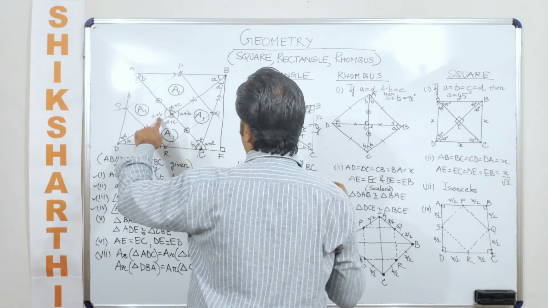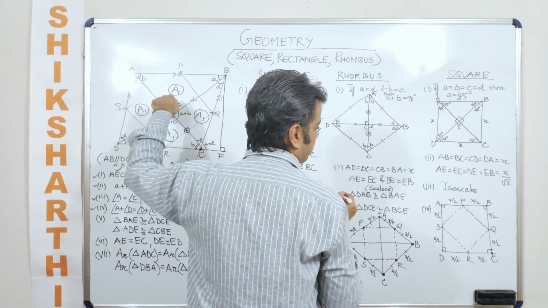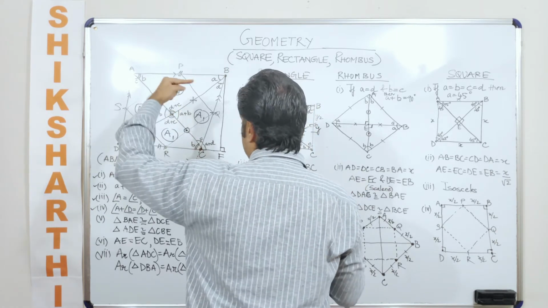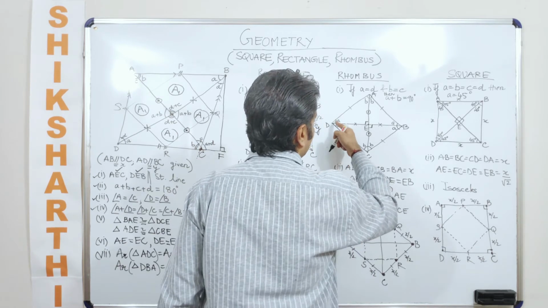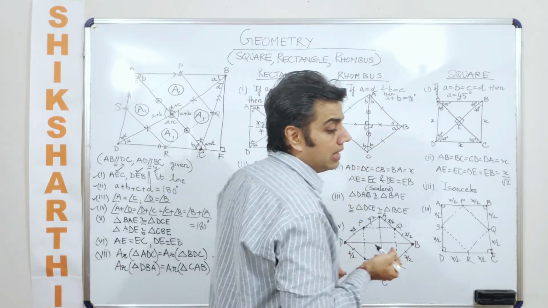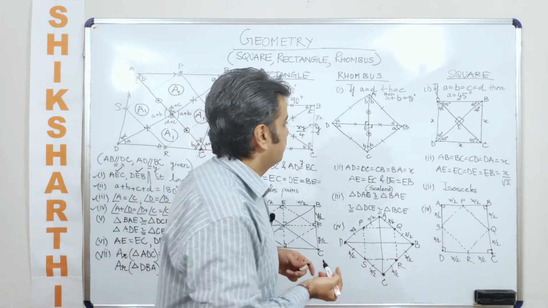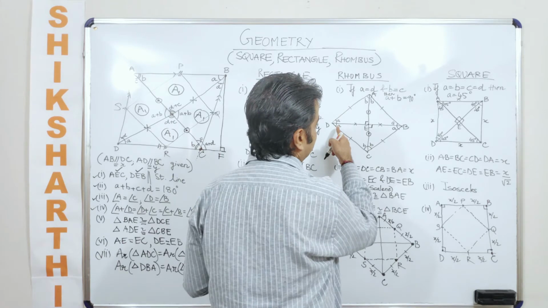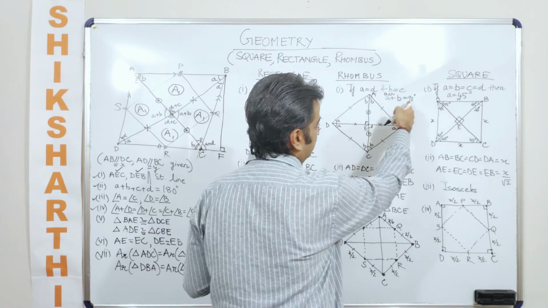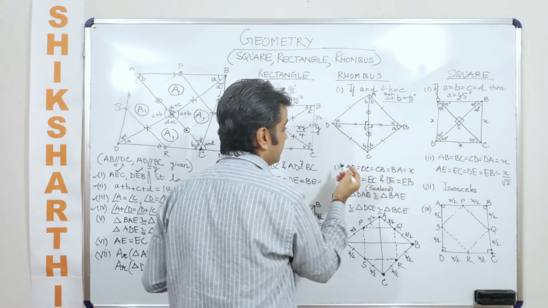How are we able to say this? We know that this angle is either A plus B or D plus C. Now in this case it will be A plus B only. The sum of all the interior angles of a quadrilateral is 360 degrees, which can also be proved. So 4 times A plus 4 times B makes it 360 degrees, which means A plus B is equal to 90 degrees.